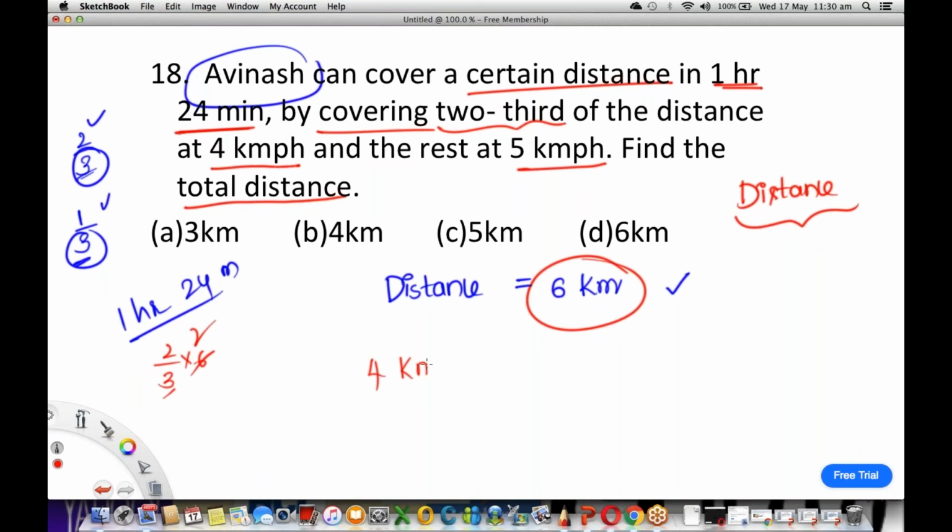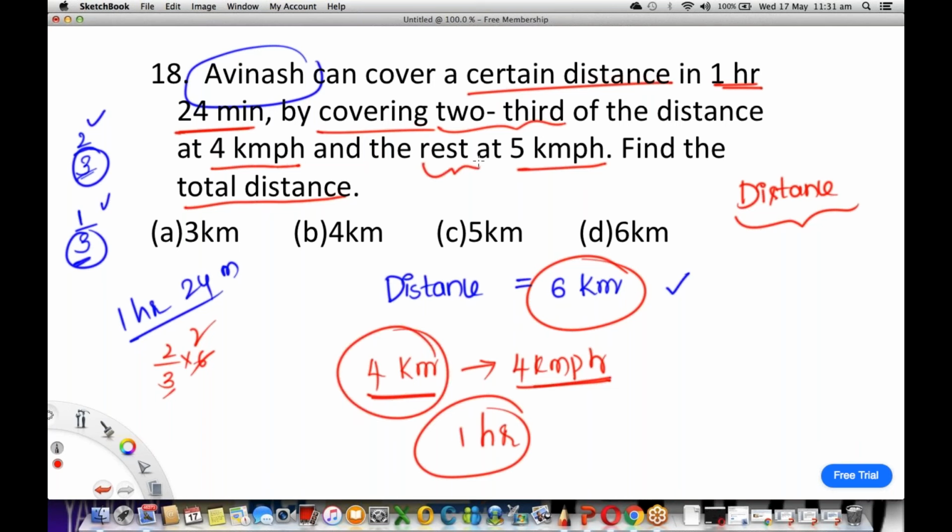So 4 kilometers he has traveled with a speed of 4 kilometers per hour, which means it will definitely take 1 hour, obviously.